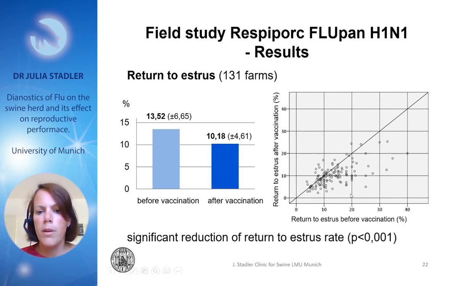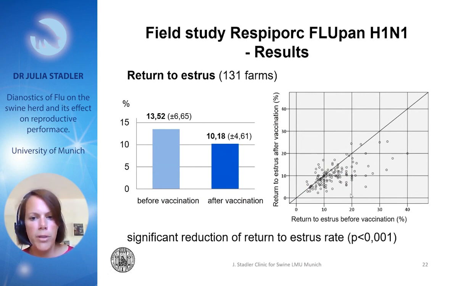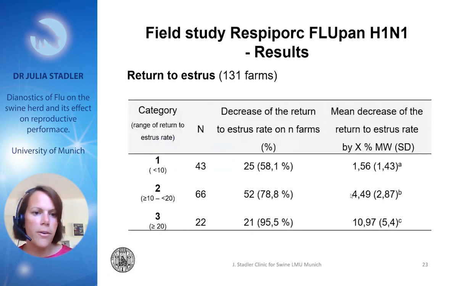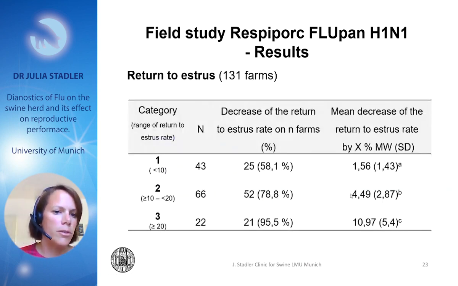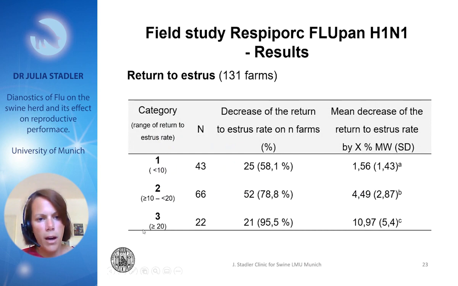And this was the reason why we decided to go a bit deeper into data analysis. We classified the herds according to their return to estrus rate before vaccination. Farms with a low return to estrus rate before vaccination were classified into category 1, and farms with a high return to estrus rate before vaccination into category 3.